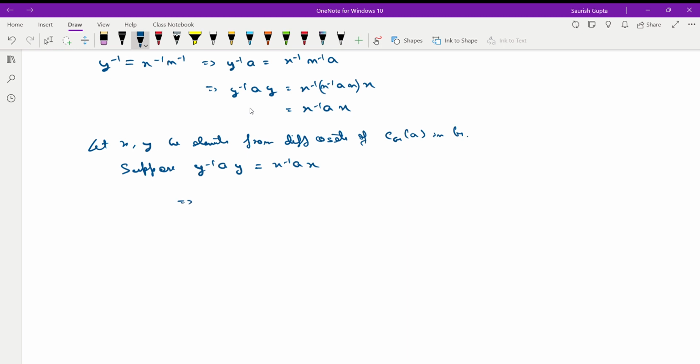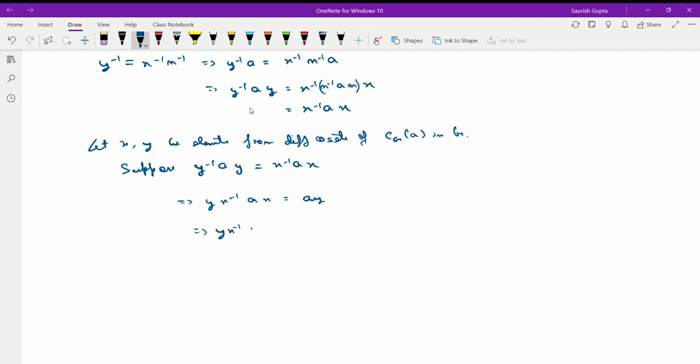So I have y inverse A y is equal to x inverse A x. If I multiply by y on both sides, I'll get yx inverse A x equal to Ay.